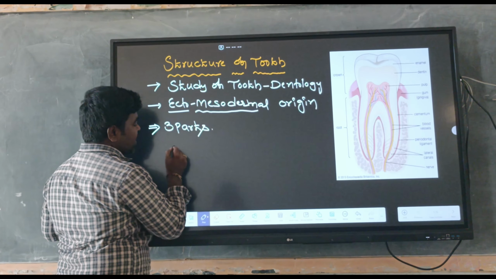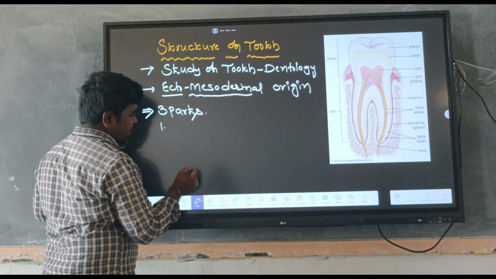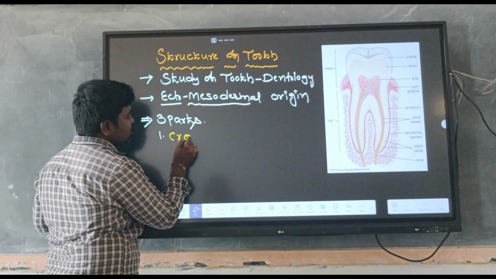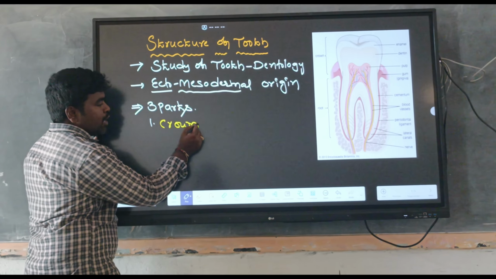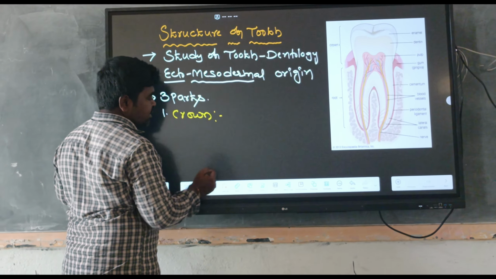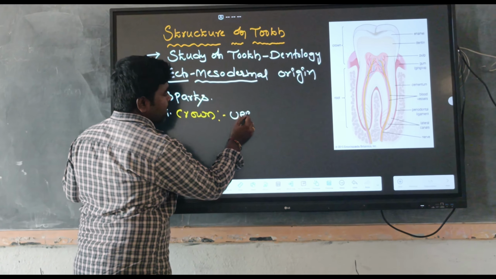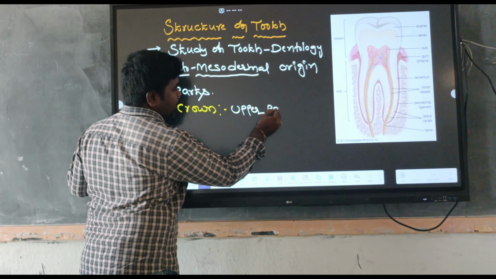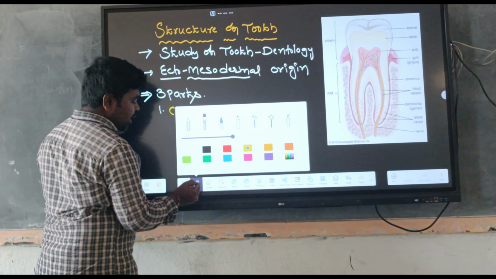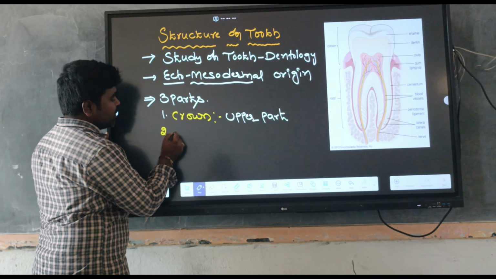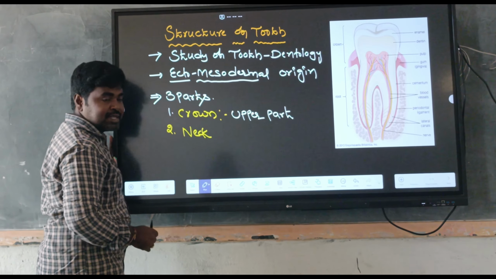The first one, the upper part of the tooth, is called the crown. The second one, the middle part of the tooth, is called the neck.